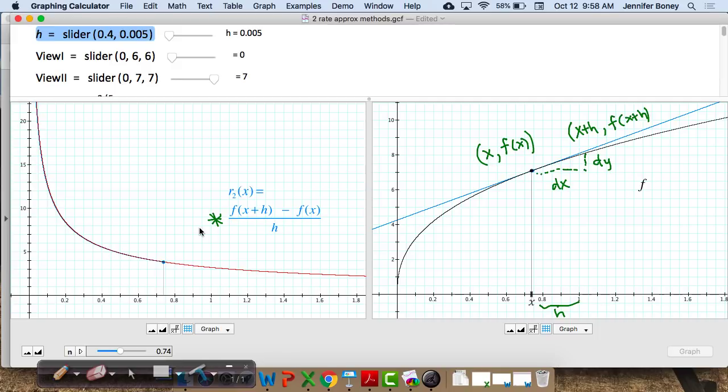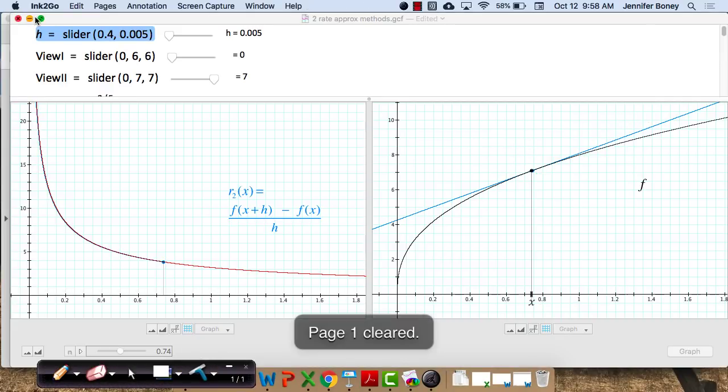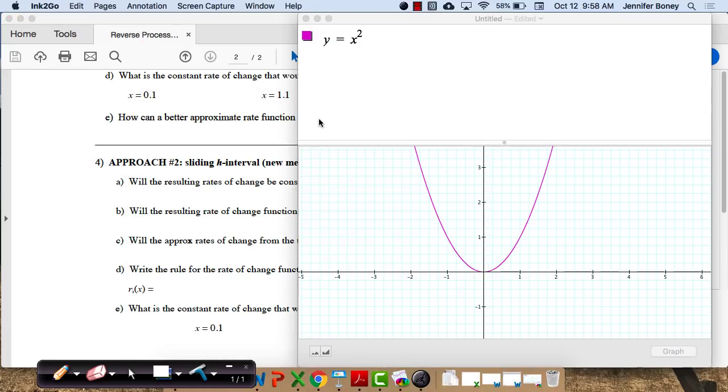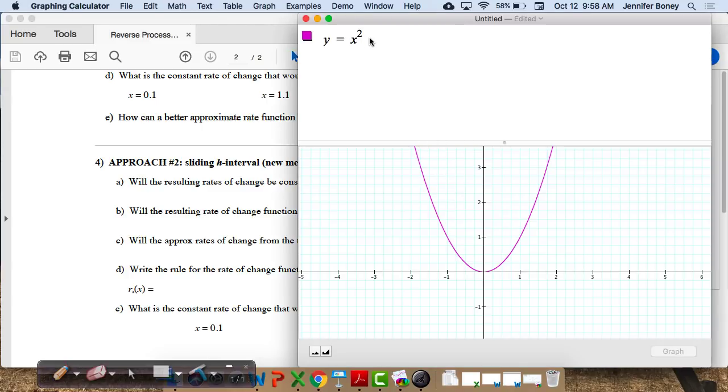So what I want to go to is, if you remember, we were talking about, a while ago, the rate of change of the area of a square with side length x. And we didn't have any negatives for that, so we had y equals x squared.